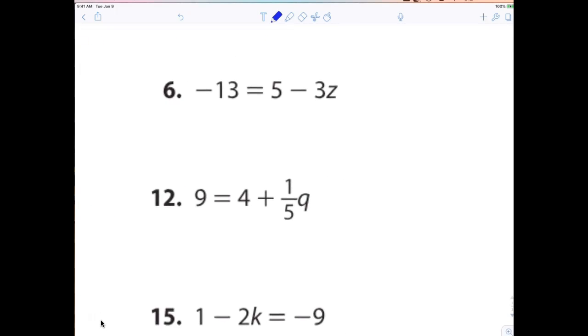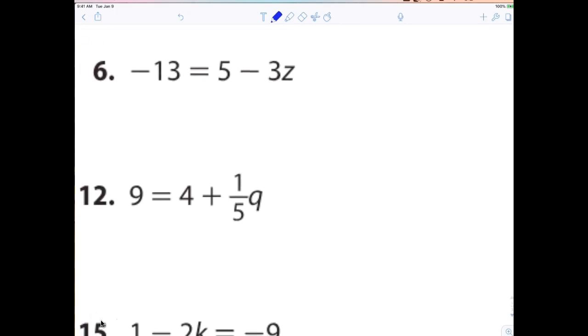So on this problem right here, this is a good one to rewrite, please. And you got to be careful. Negative 3z plus 5 equals negative 13. Does everybody see that? Now listen to me. This right here is why it's negative. Do you agree? And what's true about the 5?